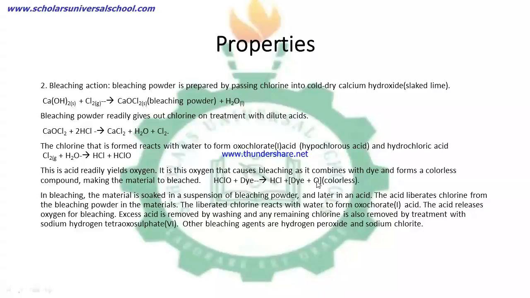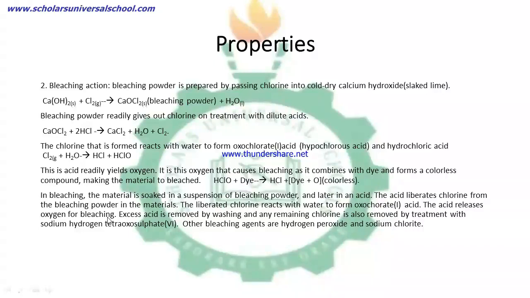The oxygen readily combines with the dye to form a colorless compound, making the material bleached. That means the bleaching action of chlorine is done by oxidation. As you can see from this equation, the dye plus the oxygen form a colorless compound.